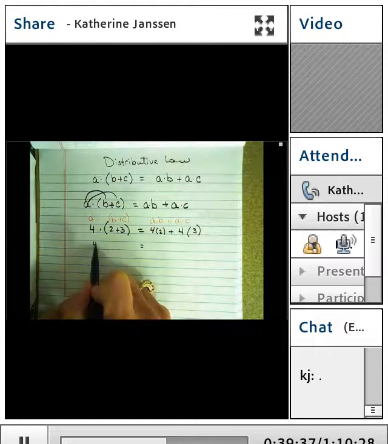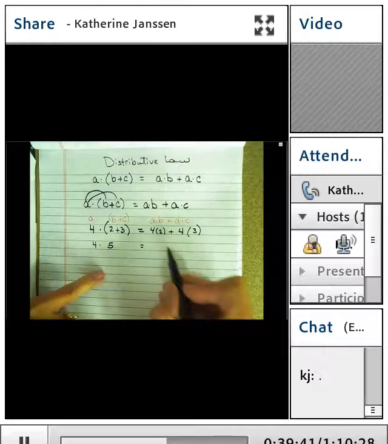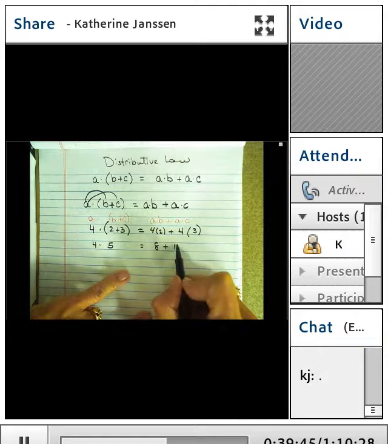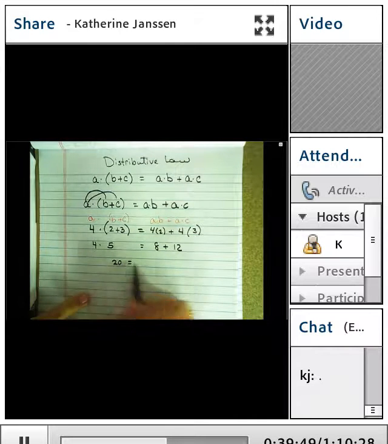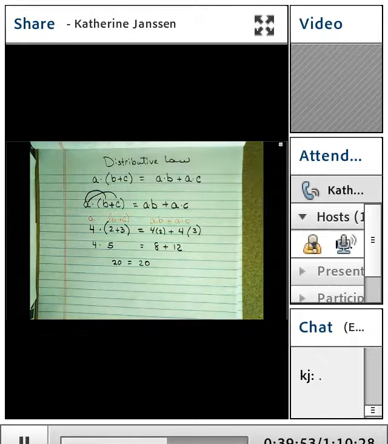Here we have 4 times 2 plus 3 is 5. Here I have 4 times 2 is 8, plus 4 times 3 is 12. Here I get 4 times 5 is 20, and 8 plus 12 is 20. So it appears that our distributive law holds true.